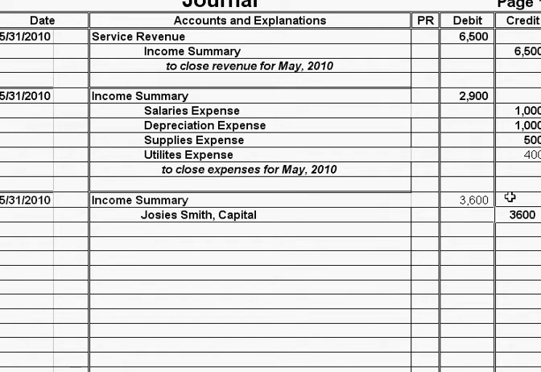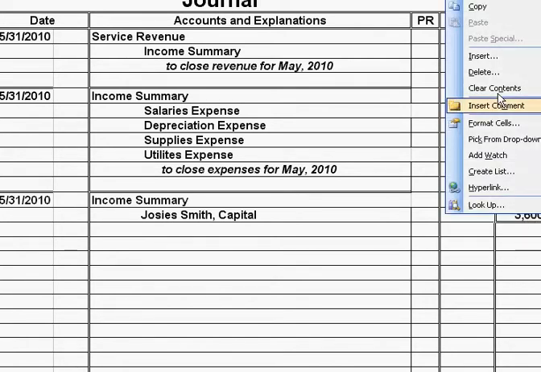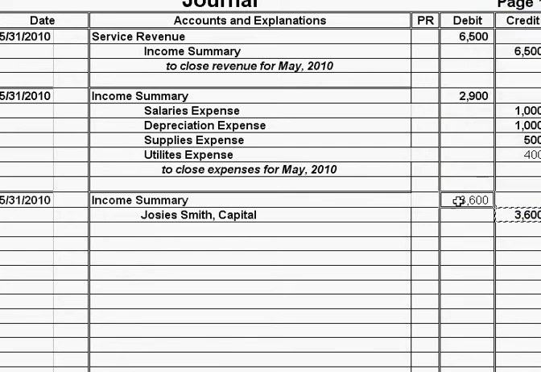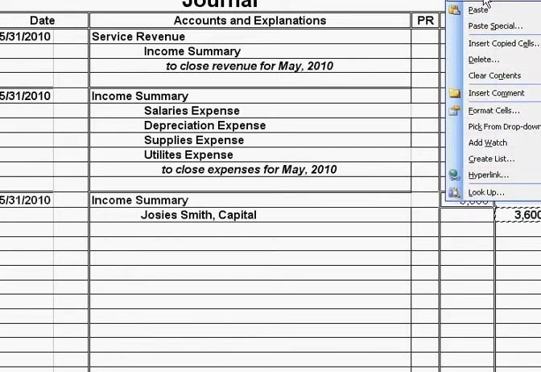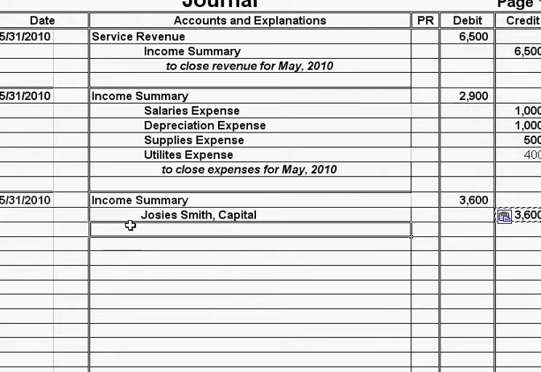Okay, put a comma in there and put the $3,600 in there, and our explanation is to close income summary to capital.